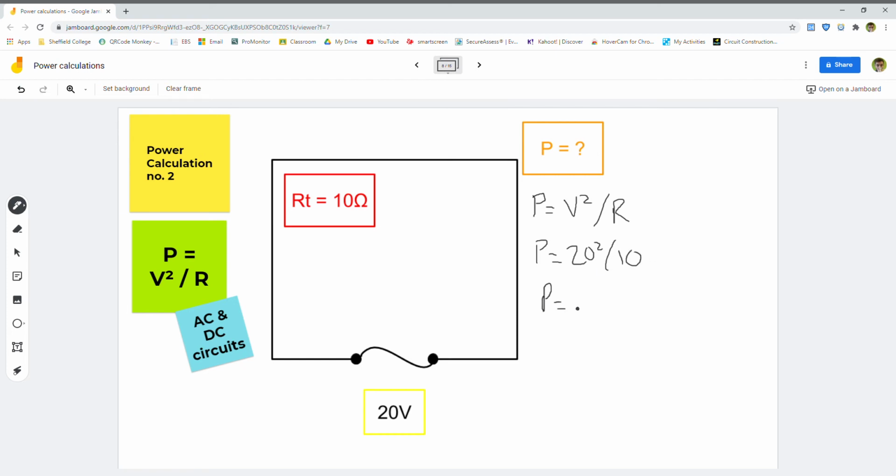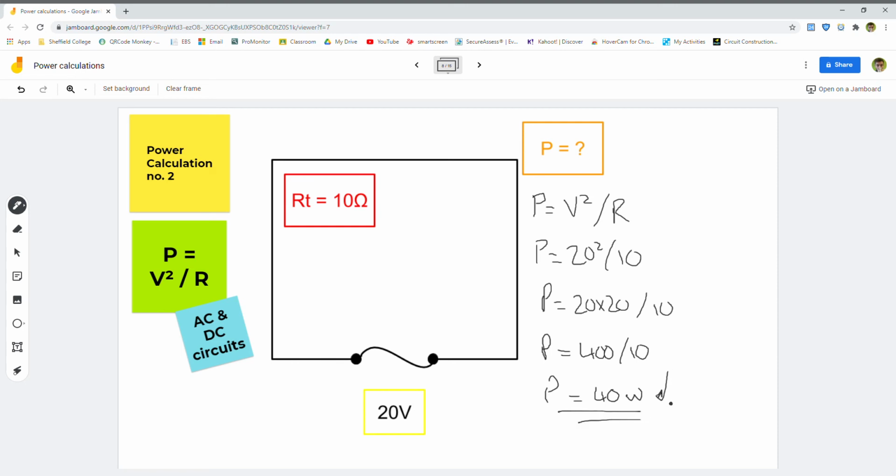It depends how you want to do it. You could just input it into your calculator straight away as the 20 squared, or 20 times 20, because obviously when we square it, we're timesing it by itself. And then that is 20 times 20 is 400 divided by 10. P equals 40 watts.